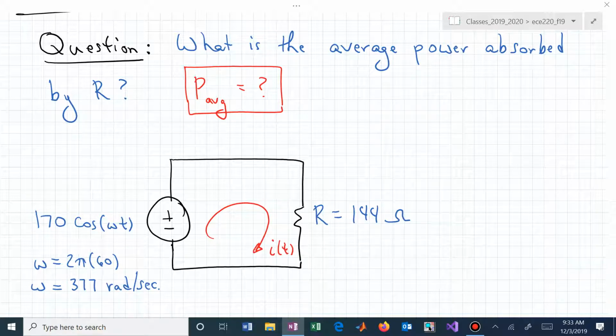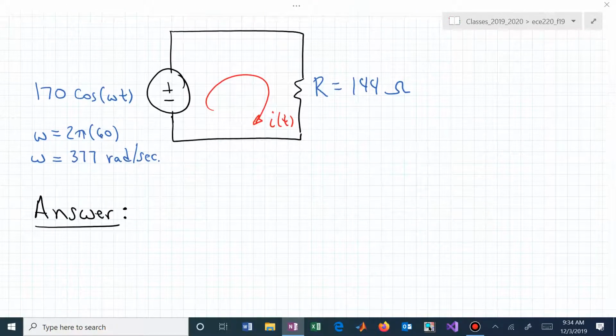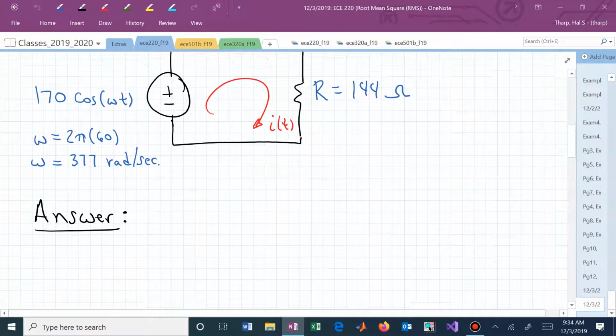What's the instantaneous power? So now I'm making a distinction between average power and instantaneous power. What's the instantaneous power of that element, that resistor? How do you think of that? If you're thinking in terms of instantaneous power, how might you parameterize that?